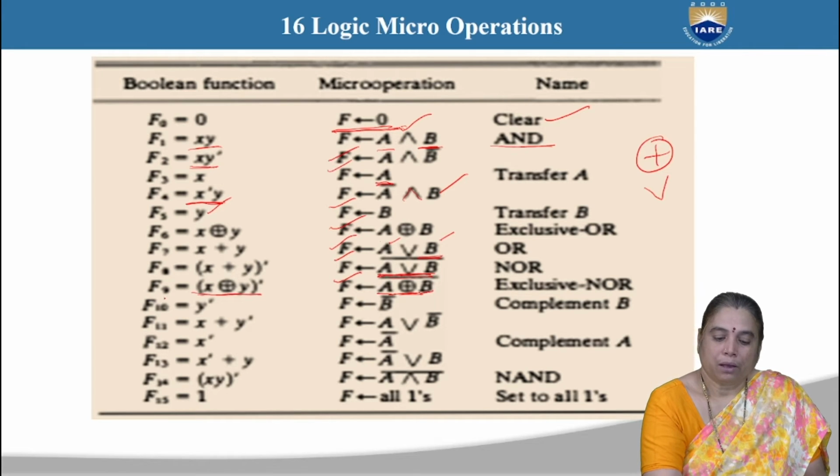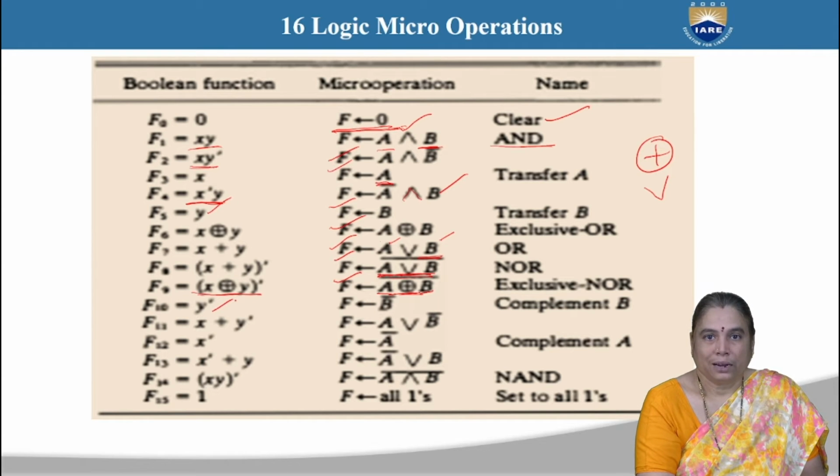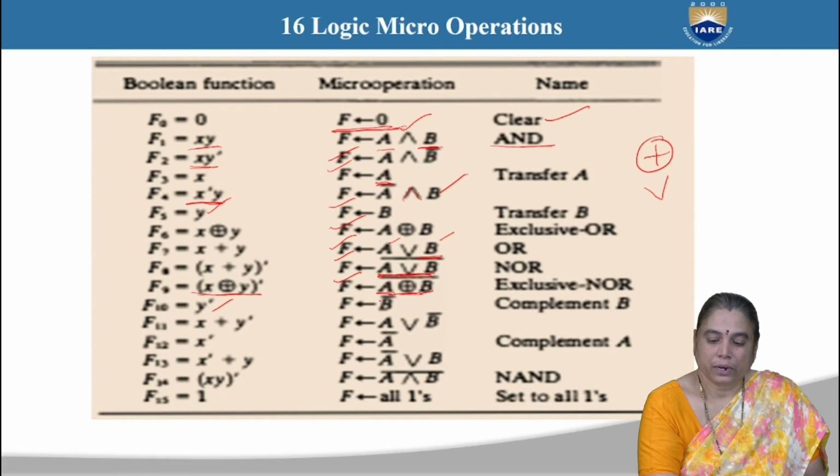Next logical operation is the Y complement. So the complement of the second number can be moved to the F. So the second number can be stored in the B register, and the complement of this B register can be moved to the F. Next logical operation is X plus Y complement.